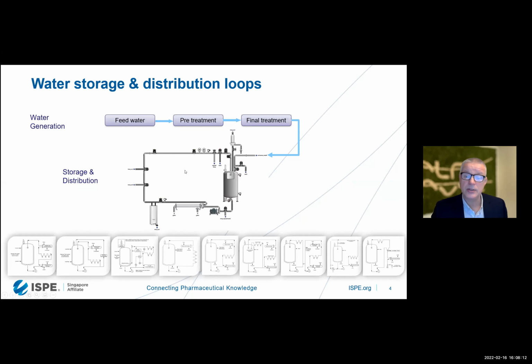And as I mentioned earlier, it's mainly in the storage and distribution loop we see rouge. We can also see it in the water generation, but it's seldom a problem there, because we have a lot of filtering in water generation, which is removing the rouge particles so they don't come into contact with the WFI or purified water.